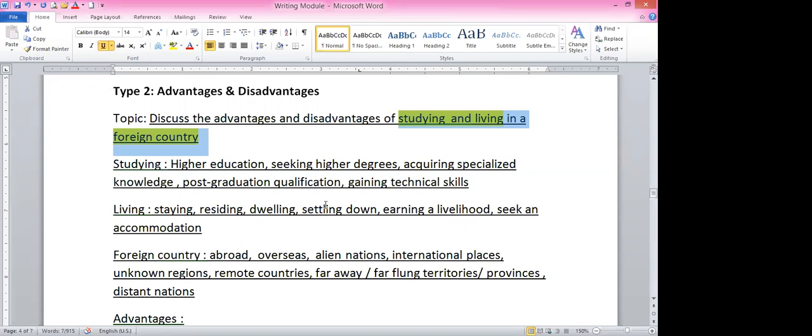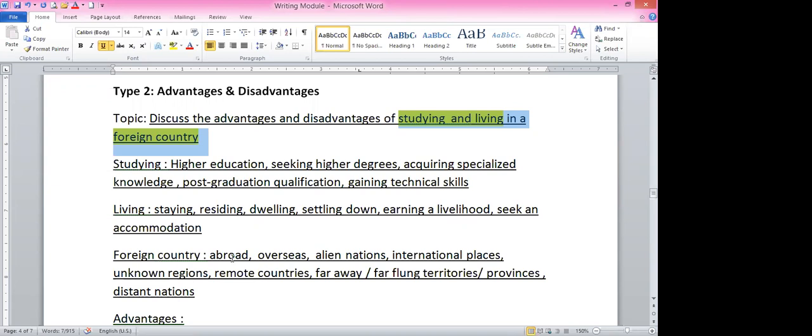Instead of writing studying, what else can I write? Instead of writing living, what else can I write? All of which are given here. You've done the groundwork. Foreign country. Make a sentence. Come up with some sentence, Swarna and Fatima.